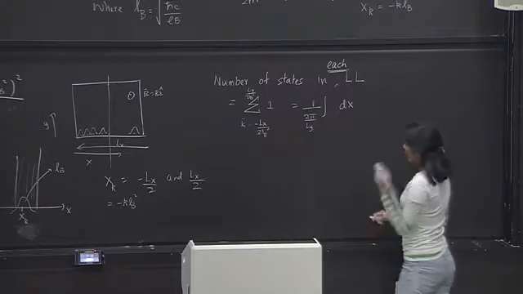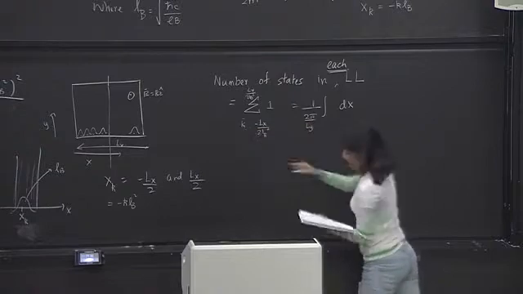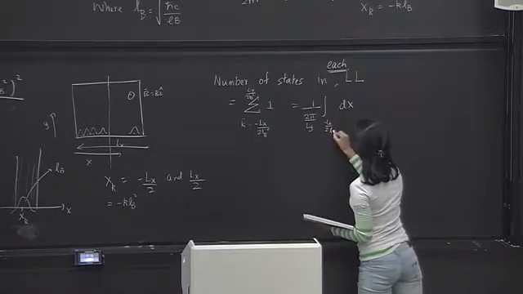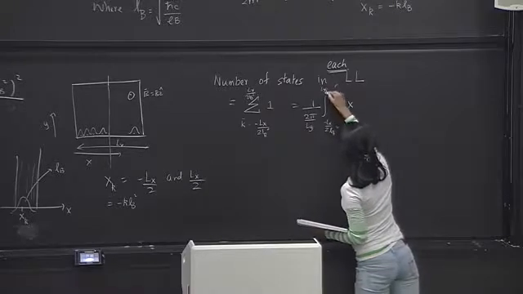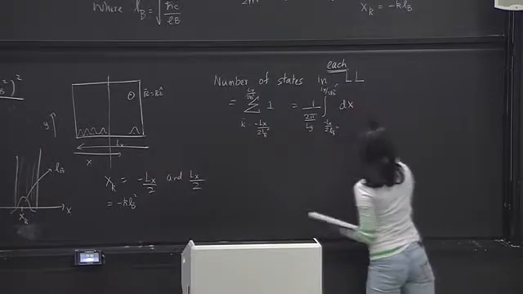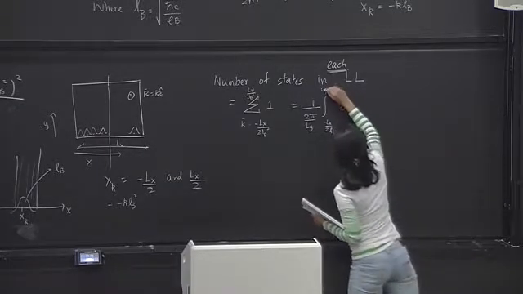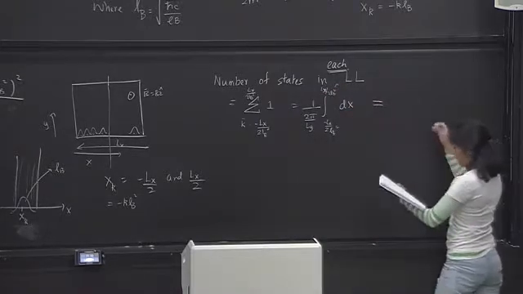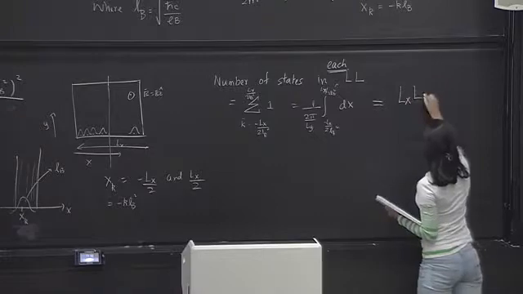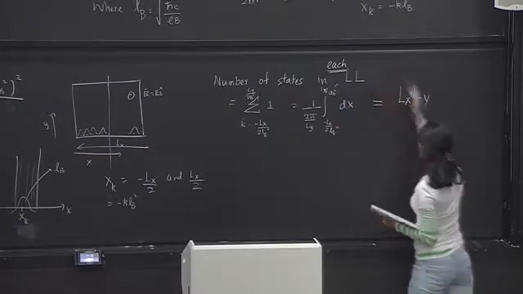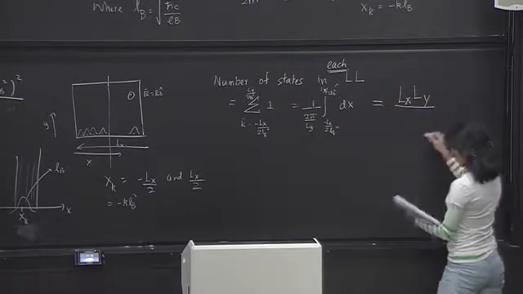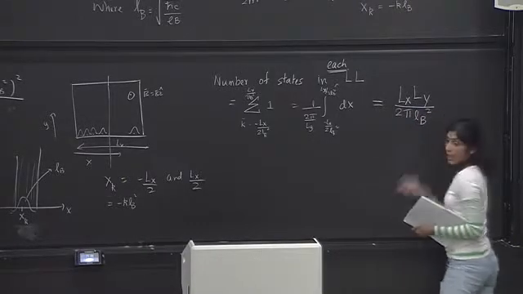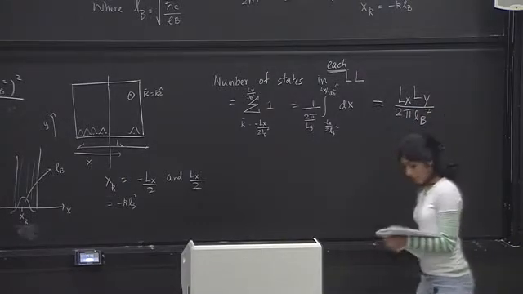This is the discretization in k, and it has the same limits, Lx over 2 l_B squared. And when I do this integral, I get that the number of states in each Landau level is Lx Ly over 2 pi l_B squared. Okay?